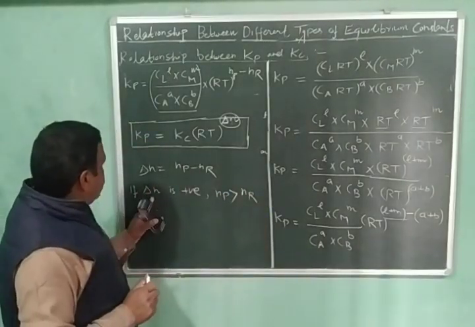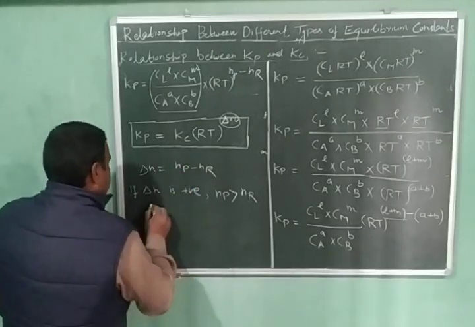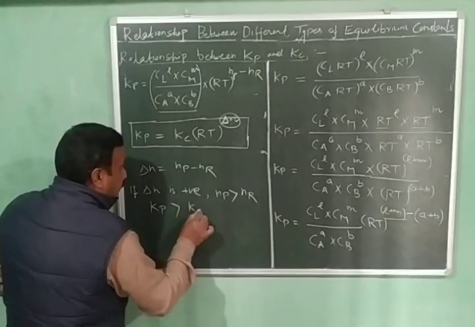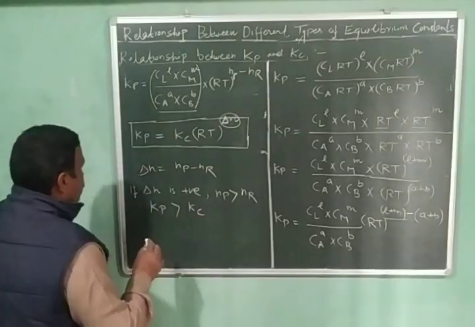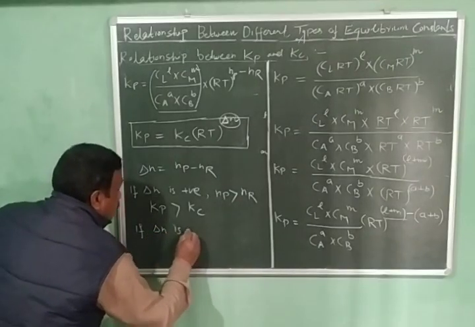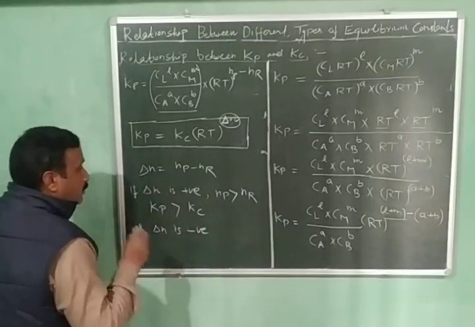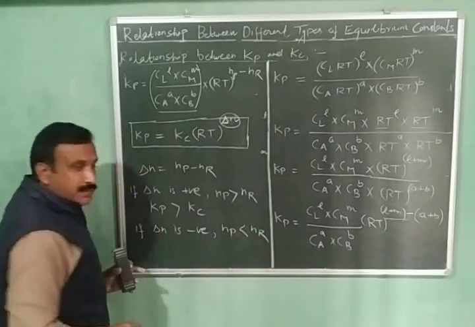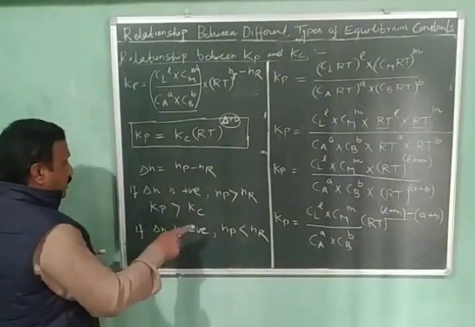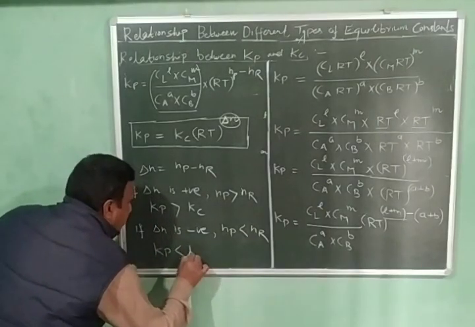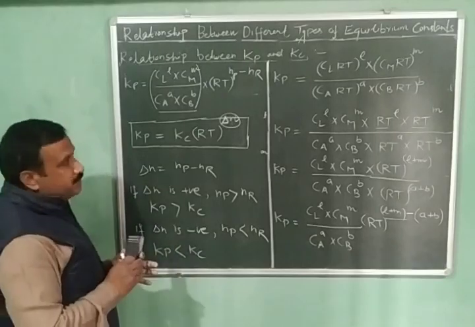And when this delta n is positive, then Kp will be greater than Kc. And if this delta n is negative, and it will be negative when this Np is less than Nr, and when it is negative, then this Kp will be less than Kc, okay.